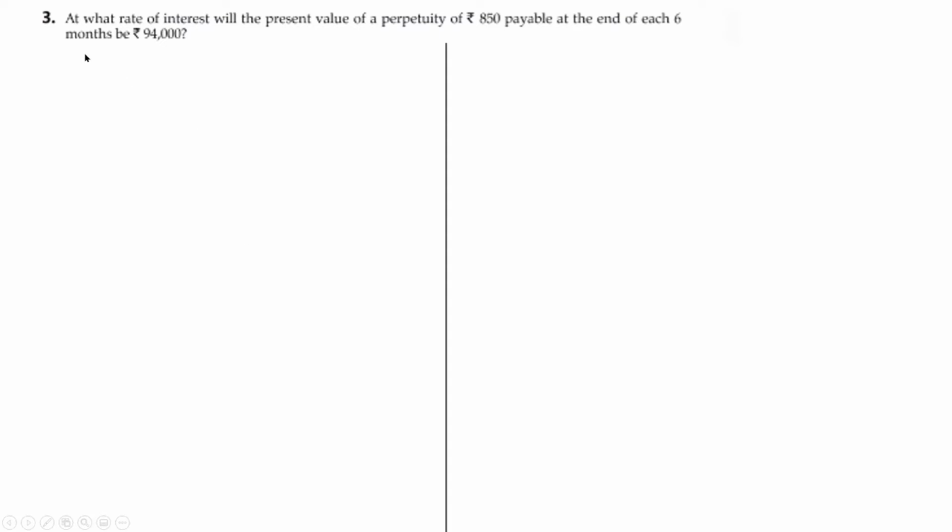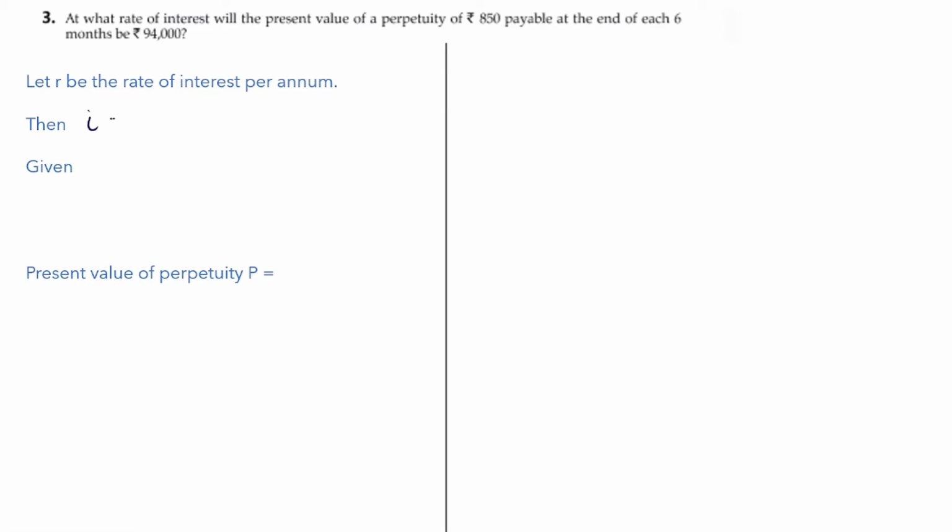Moving on to the next question. At what rate of interest will the present value of a perpetuity of rupees 850 payable at the end of each 6 months be rupees 94,000? So here the present value of perpetuity is given and the periodic payment is also given. We need to find the rate of interest. So let R be the rate of interest per annum.